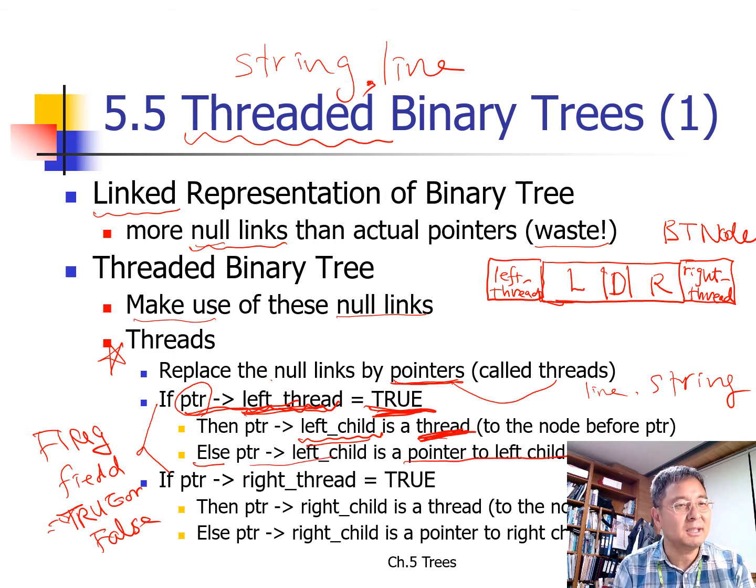So this is the original meaning of the left child link field. But in this design, they will utilize the null link field if we flag that left thread is true.